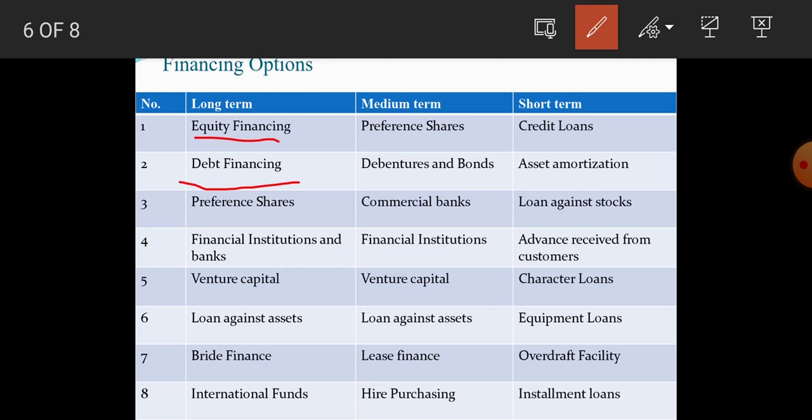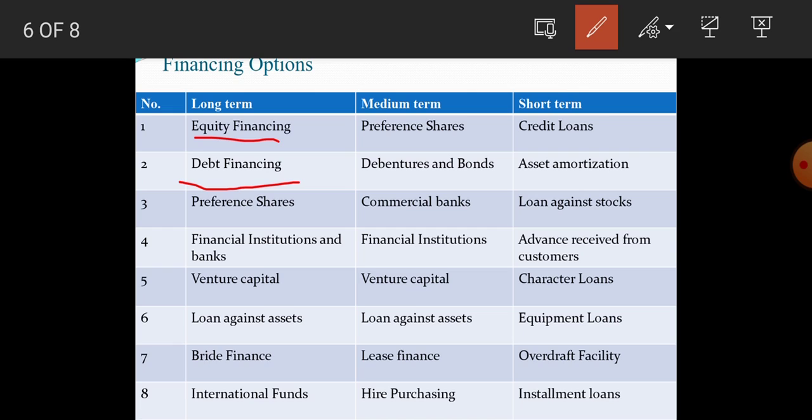Investors in debentures are paid a certain fixed percentage of interest. Investors are not becoming the owner of the business, so there is no dilution of control. So generally, debentures are preferred as an easier way to get finance, although it is a burden to the company.